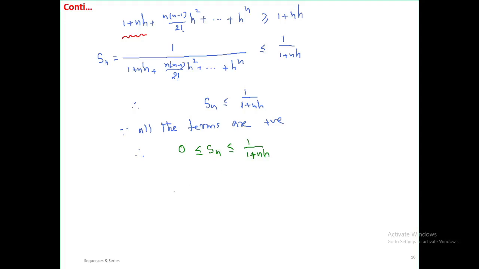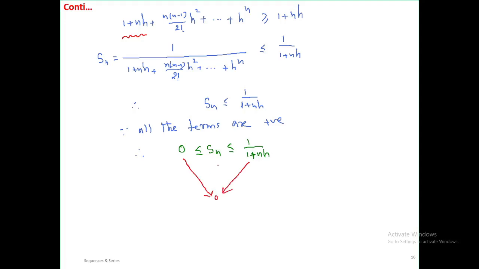I am going to apply the sandwich theorem. Okay, so look at the upper bound, the lower bound is converging to 0, and as n tends to infinity, 1 by infinity is 0, so this also goes to 0.